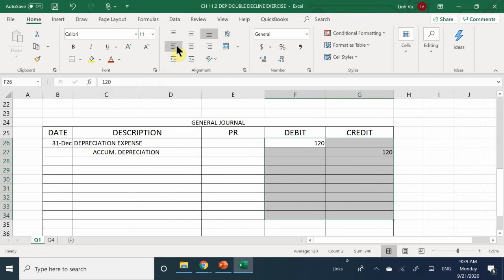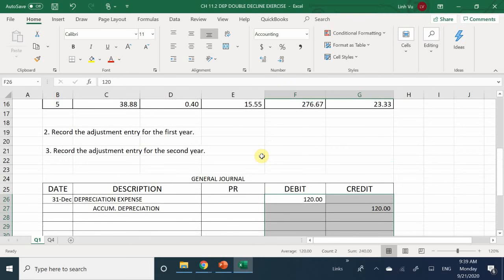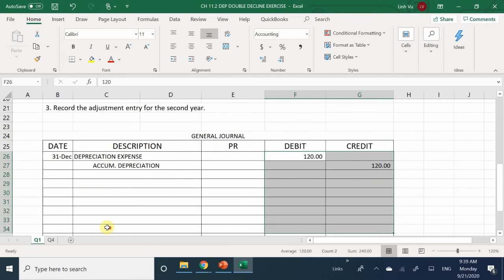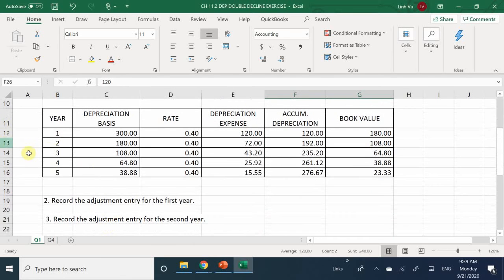Okay, what about for my second year? I think it's the next question. Yeah, what about the entry for the second year? So here, I'll go up again. The same depreciation expense and accumulated depreciation. Good.